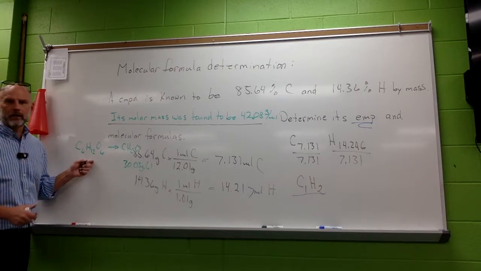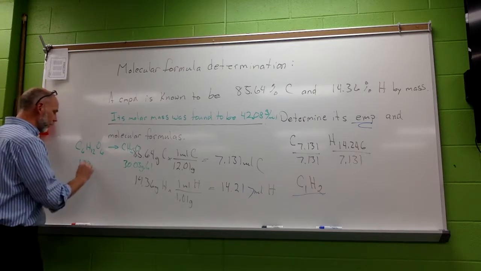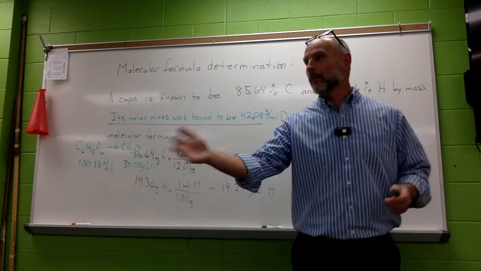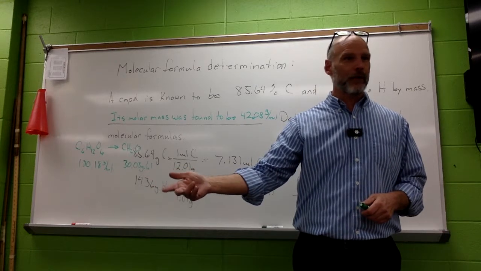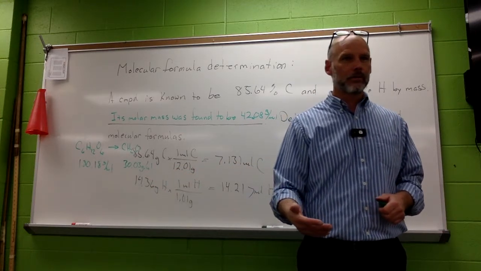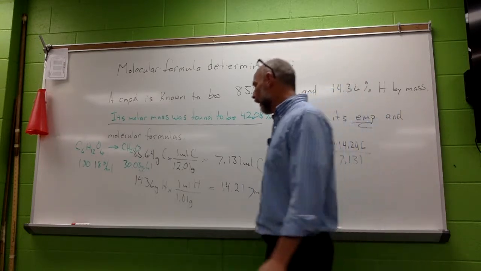And 180.18 grams per mole. Okay? The formula mass thing that we just did like 2 or 3 days ago, that's going to be a thing for the rest of your chemistry life, anyway.